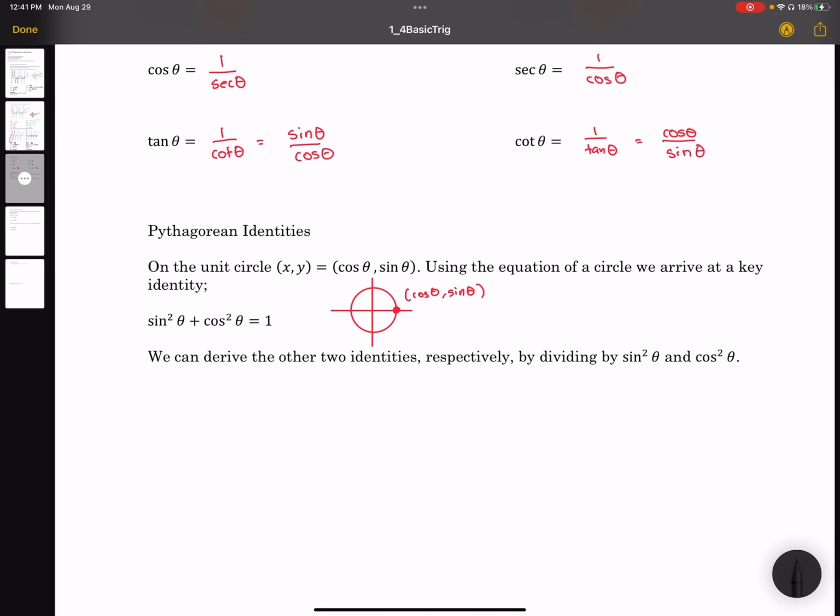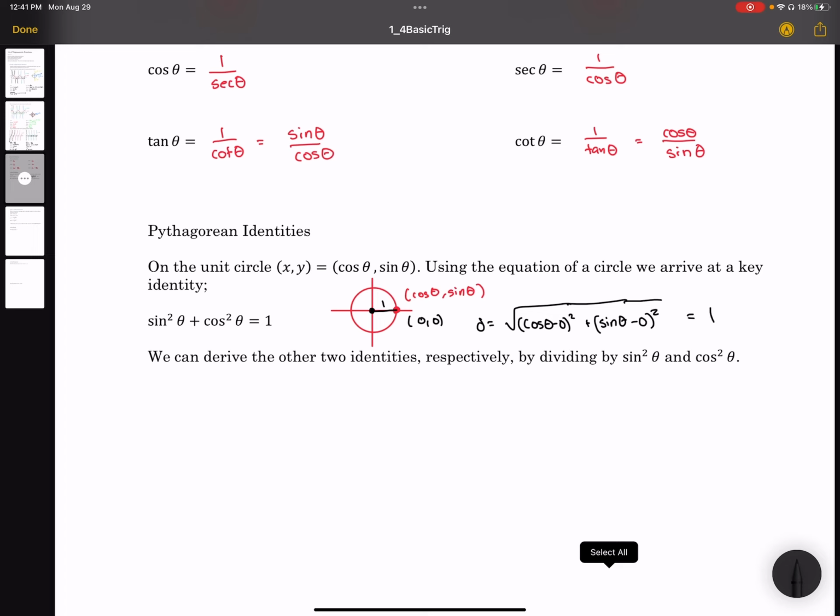So the distance from the center to the circumference of the circle is 1. Now, if we did the distance formula using the point cosine theta, sine theta, and the point 0, 0, we would know that d equals the square root of cosine theta minus 0 squared plus sine theta minus 0 squared. But we already know that distance is 1.